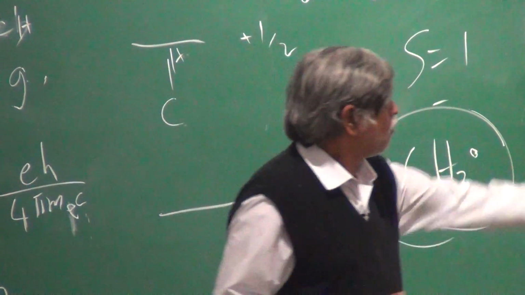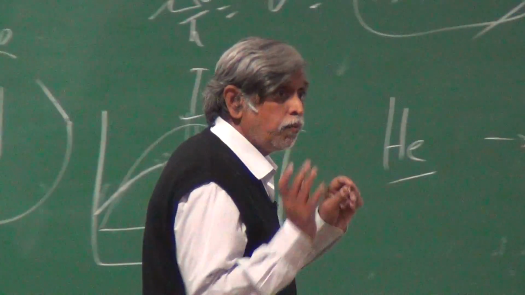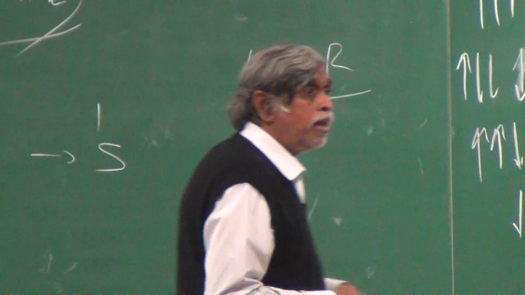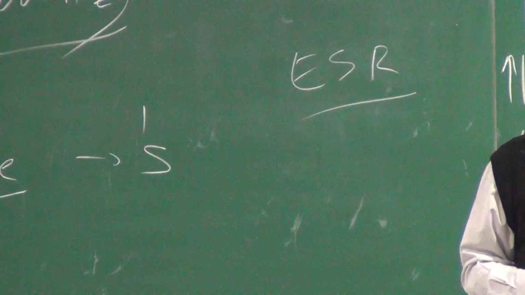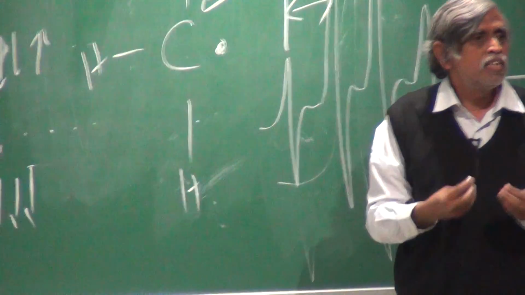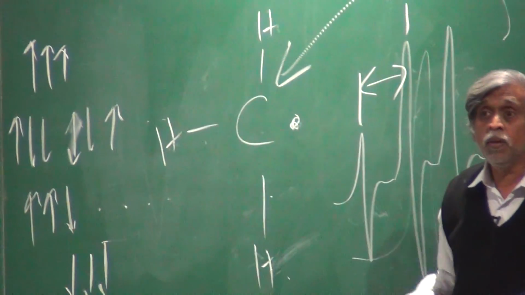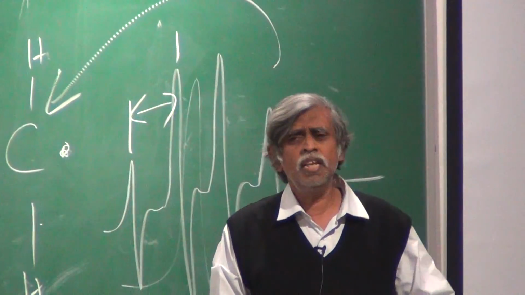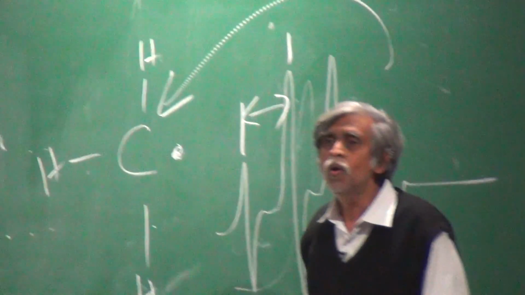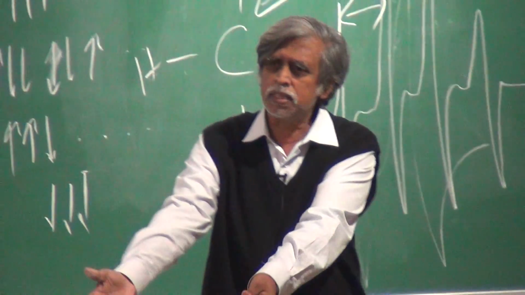Likewise, if I go and get the molecular orbital in which the electron is residing, get the wave function, square it, and then start finding out what the square of the wave function is at each point over here, what will I get? I will essentially get the probability of finding the electron in those places. If the probability is very large, let us say, at carbon, what does it mean? It means the electron in its motion is most of the time spending its time on carbon.